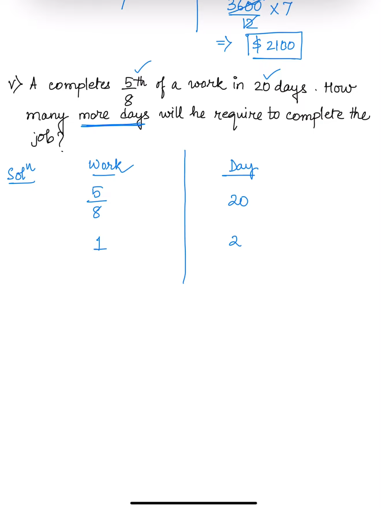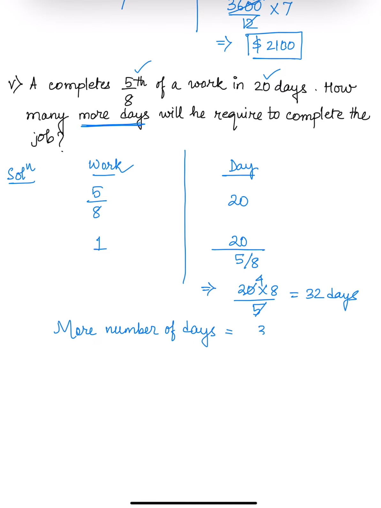So the entire work will be completed in 20 divided by 5/8, so that is 20 into 8 by 5, which is 32 days. Now it is asked how many more days are required. He has already completed 5/8 of the work in 20 days, so the number of more days will be 32 minus 20, and that is 12 days. So more days required will be 12.